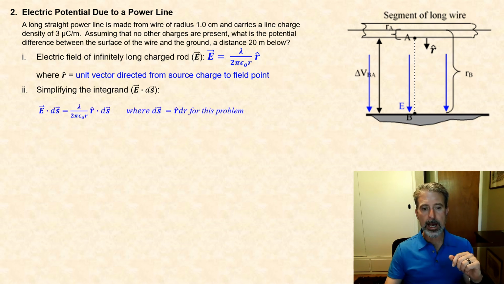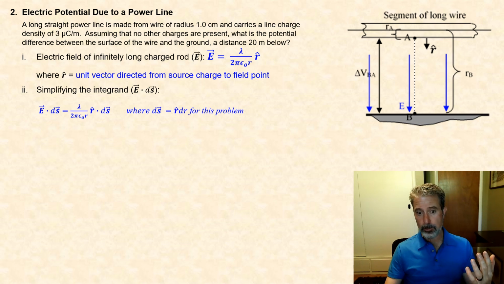And we see here that we know the form of the field. ds, that infinitesimal displacement vector from your beginning point at the wire to your ending point on the ground, here the shortest path is in the radial direction.